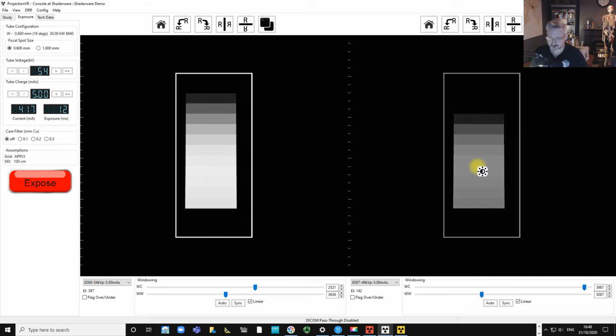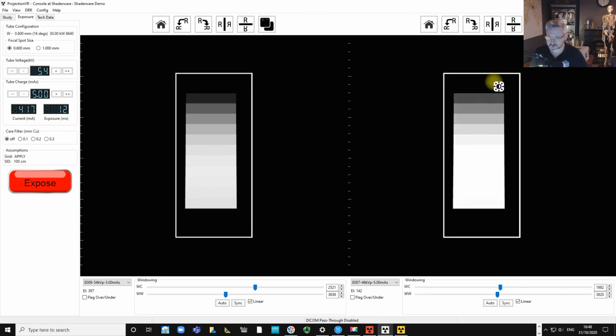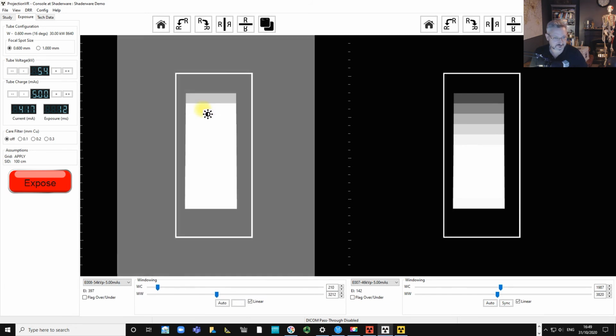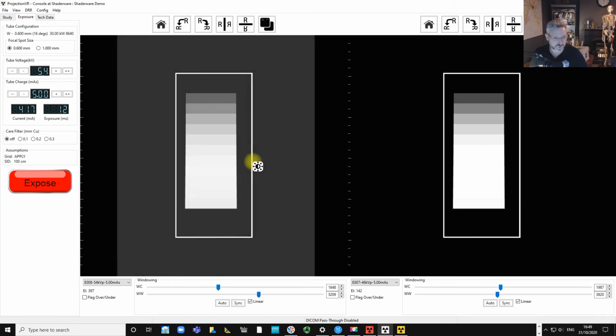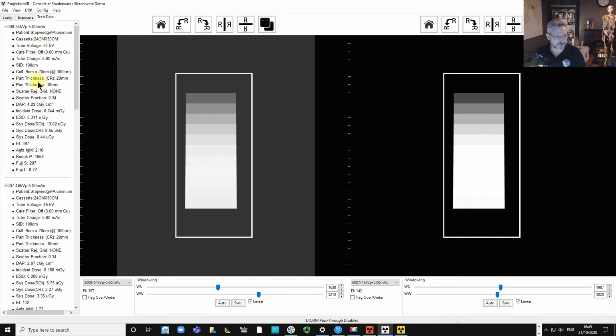I can either see the light ones or I can see the dark ones, but I can't see the light ones and the dark ones. Whereas with 54, I can see the light steps. I can nearly see all of them at the same time, but slightly better than I can see all of them on this one. So I'm seeing more steps. That's the important point here with the 54 kV image.